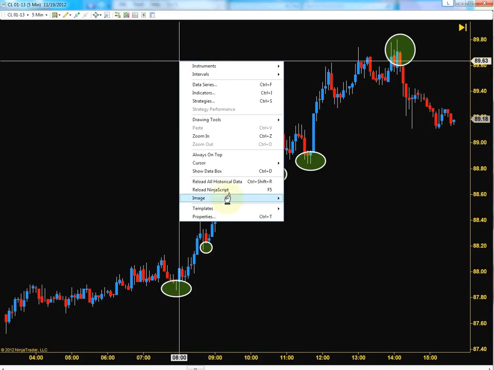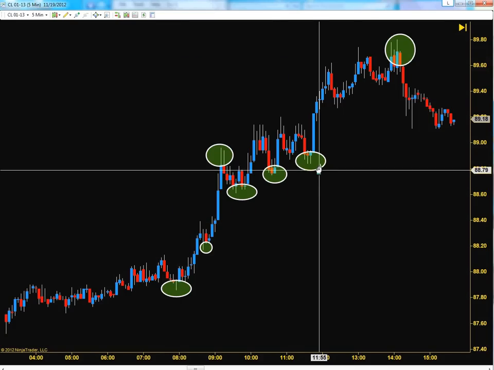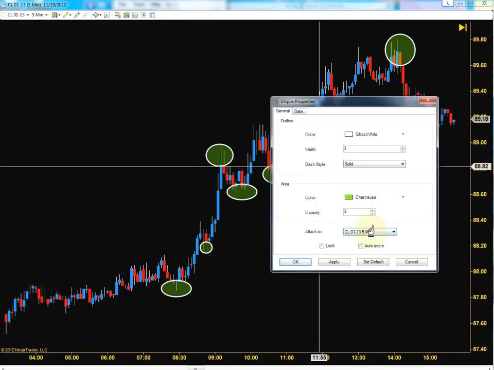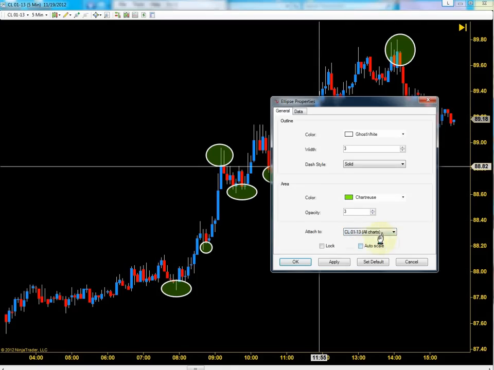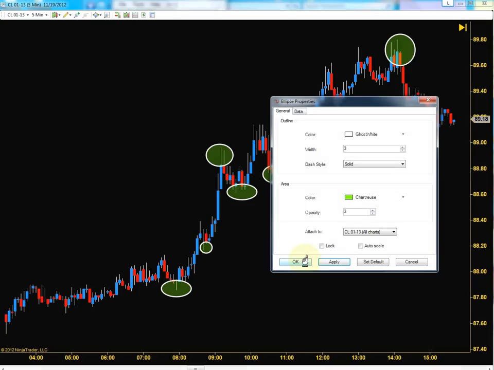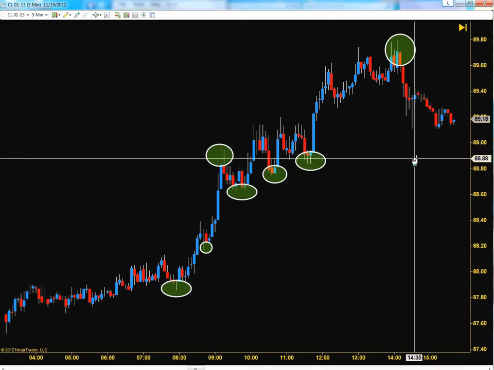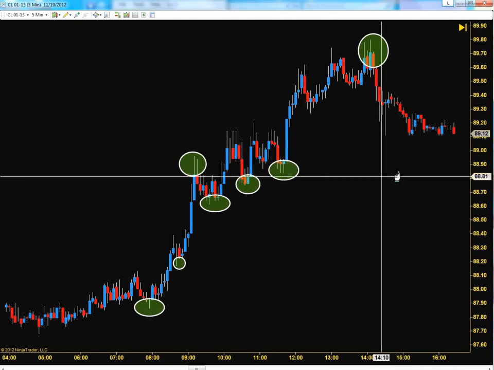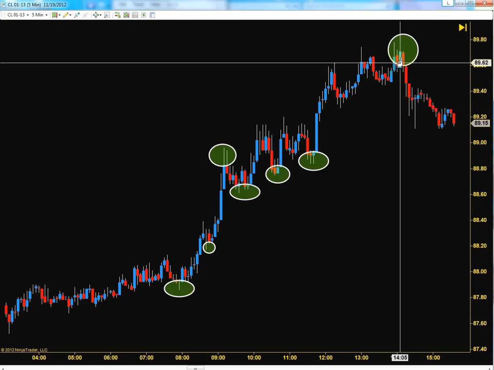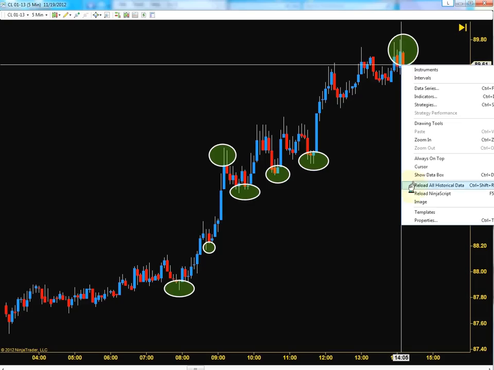This one, let's put it on all charts, then we're going to see the other chart, apply the other chart with the bank line, to make sure it's all there. Oh no, sorry, I have to do all.